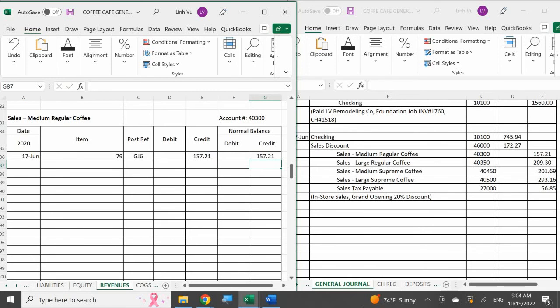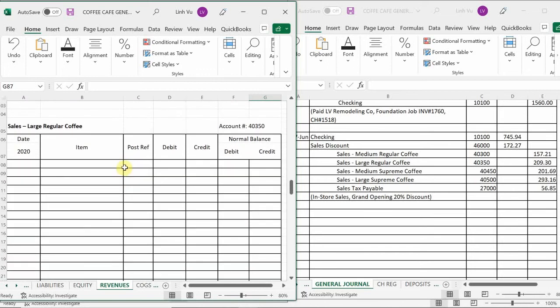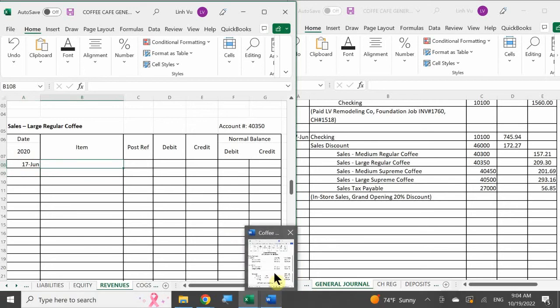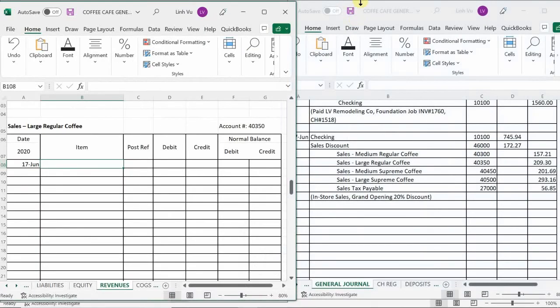Okay. Next would be the large regular coffee. How many cups did you sell? 70. And journal is 6. And you're going to credit for 209.30.